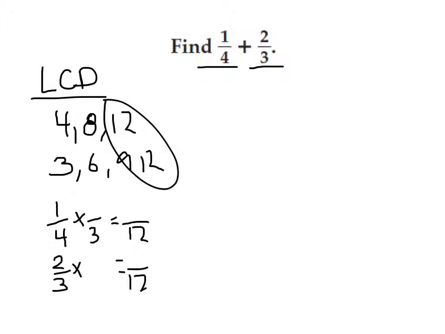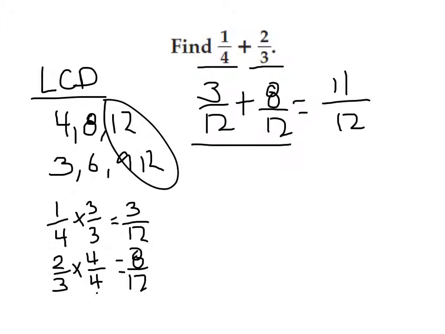And what we do on the bottom, we do on the top. 1 times 3 is 3. Now for 2/3, 3 times what is 12? Well, that's 4. Whatever we do on the bottom, we do on the top. 2 times 4 is 8. We now have our two fractions with common denominators.